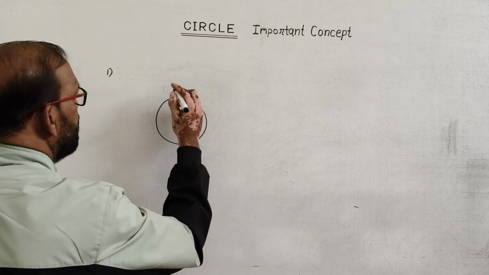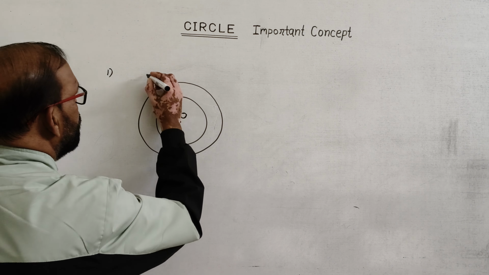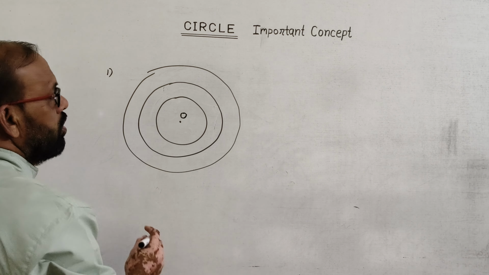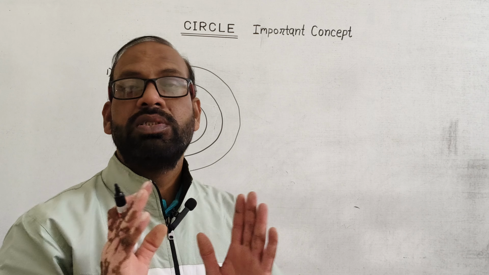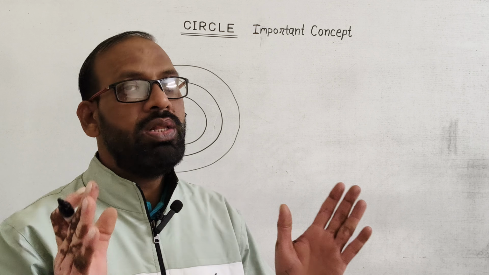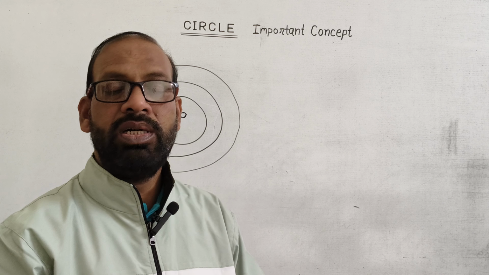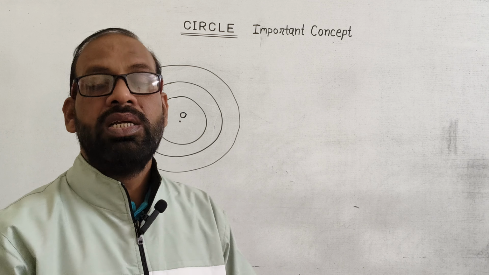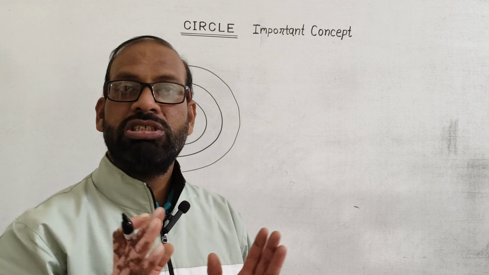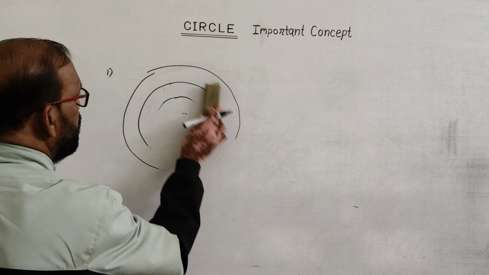This is the first circle, this one is the second circle, and this one is the third circle. Clear? So an infinite number of circles can be drawn using a single center. All these circles are said to be concentric circles. Remember, circles having a common center are all said to be concentric circles. This is a very important topic.